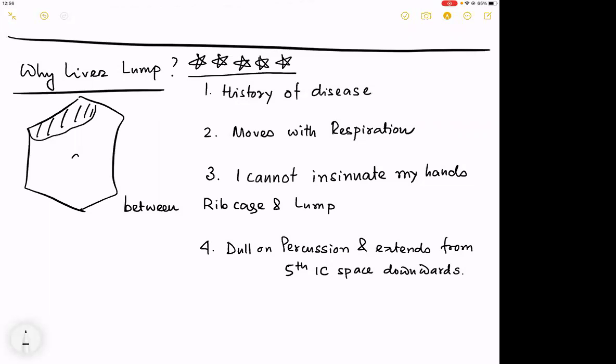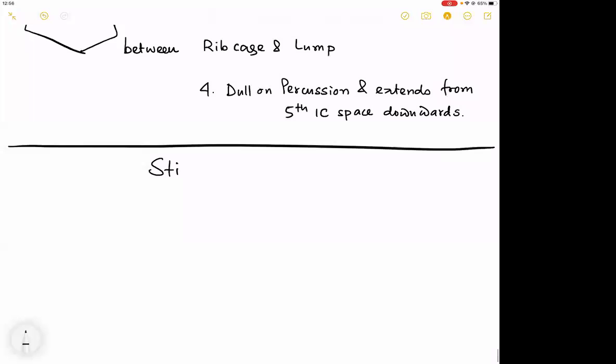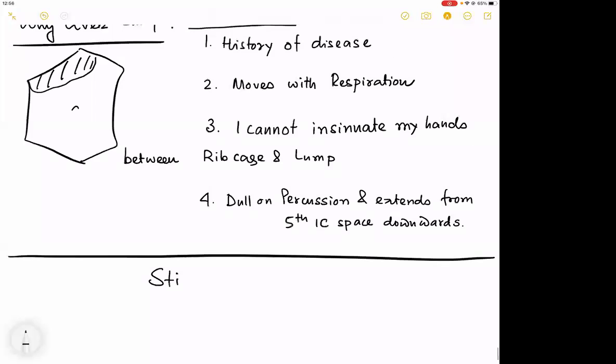Why is this a liver lump? Last of the questions, and I will like to finish the liver. The third point is, if I wanted to put my hand between the lump and the rib cage, I could not put my hands between the lump and the rib cage. That is something called as insinuating my hands. I wanted to put a hand between the lump and the rib cage. So that is something that is very characteristic of a liver and a spleen lump.